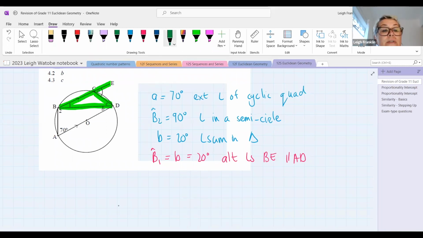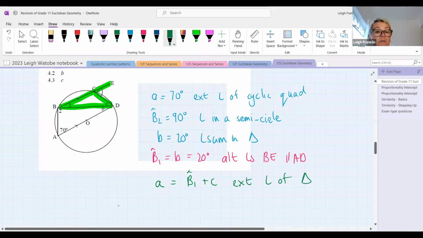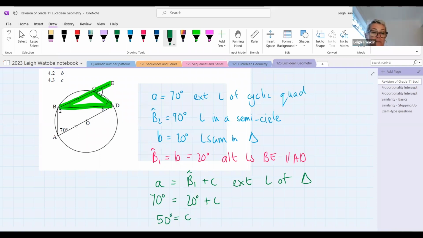So in other words, angle A on the outside is the sum of B1 and C because of exterior angle of triangle. So I know that A is 70. I've already proved that. I know that B1 is 20, and that allows me to work out C. So C has to be equal to 50 in this case.